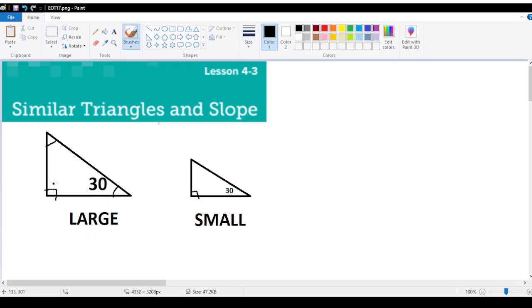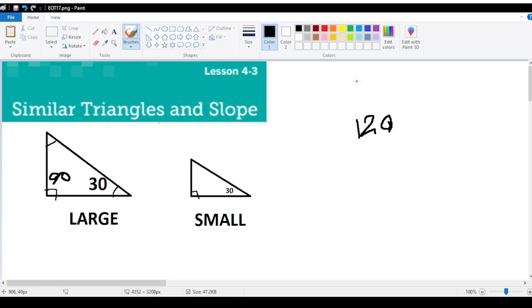So if this one was 90 and this one was 30, this one should be how much? Look, how to find it. We will add 90 and 30. 90 plus 30, how much? 120. That's correct. So we will say that the total is 120.